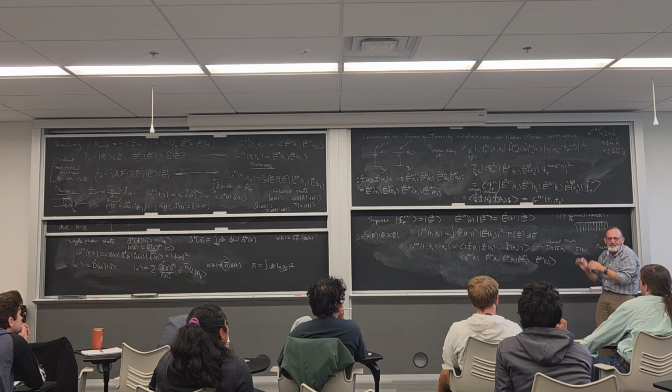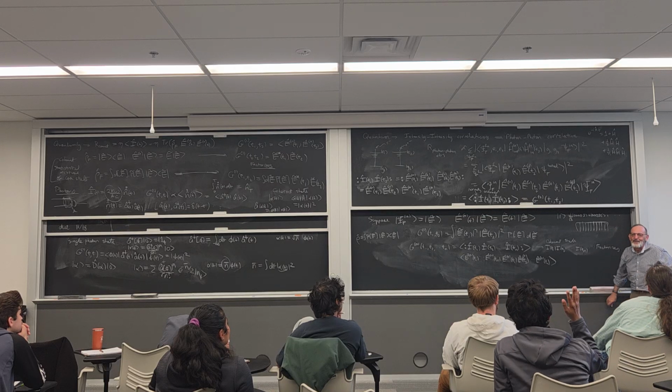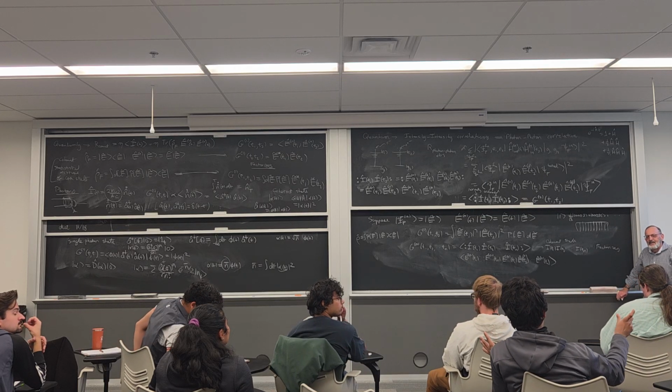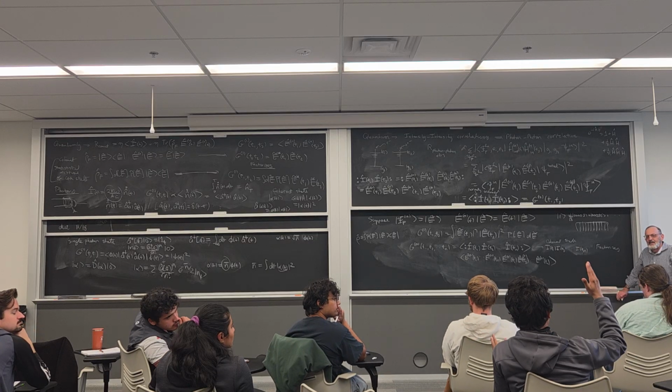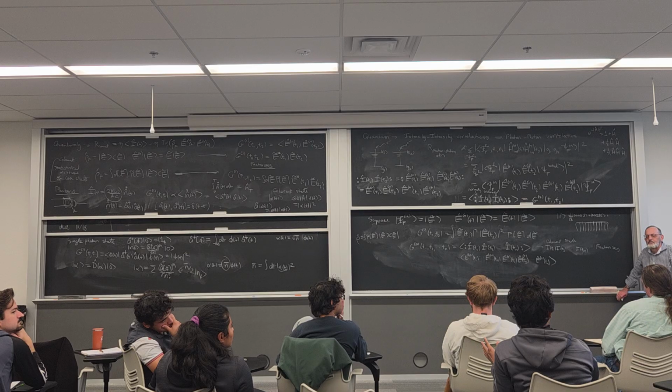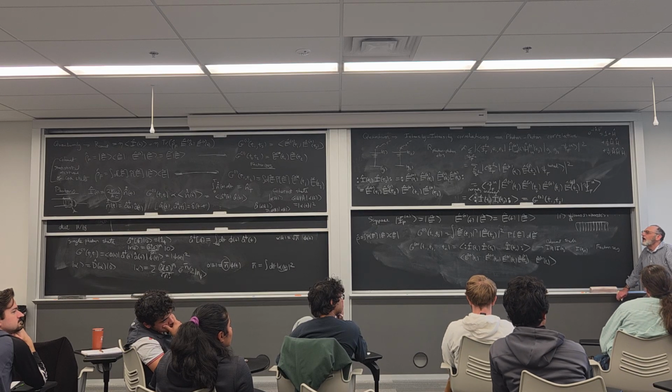Yeah, so you're saying if I have a coherent state that's evolving with time, and I detect a single photon, in the future it doesn't affect the state? That's correct.